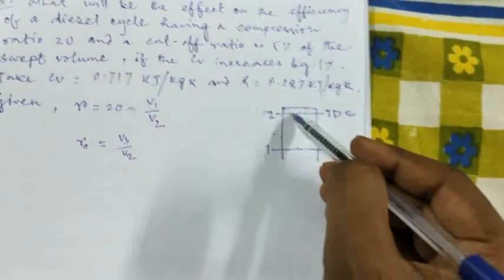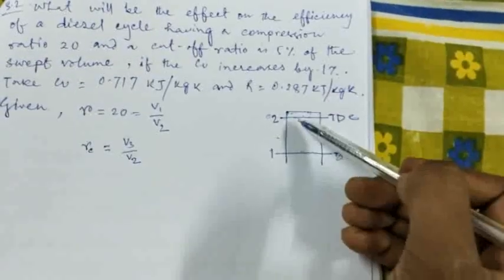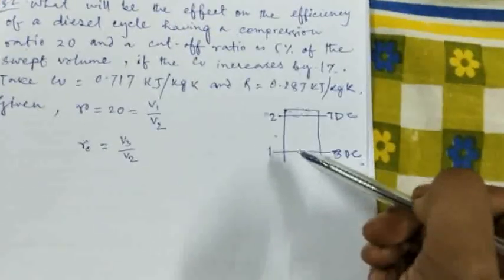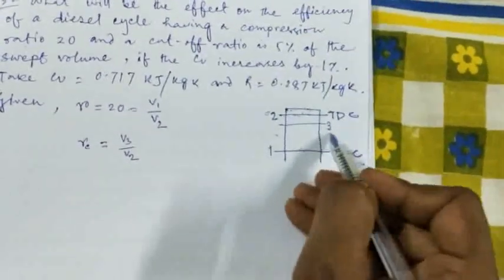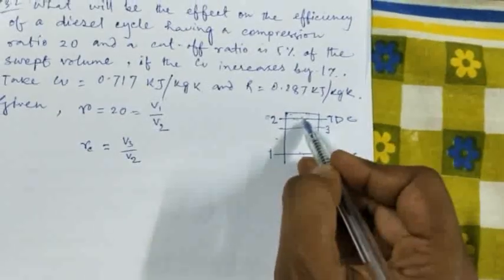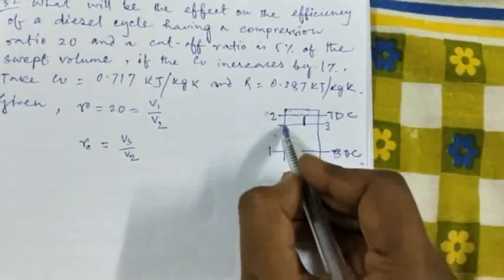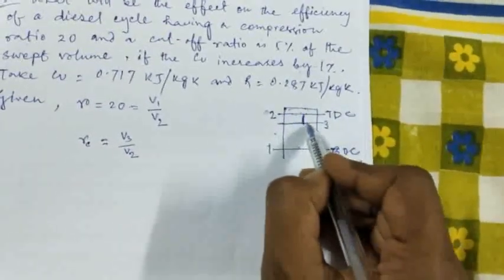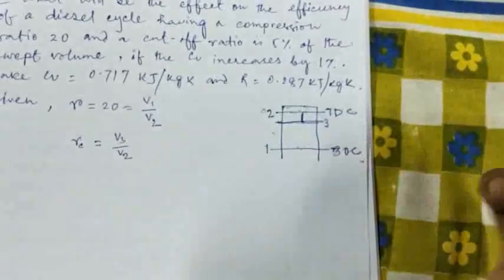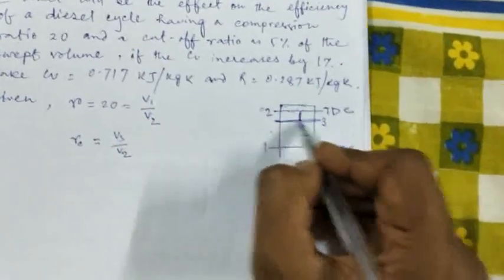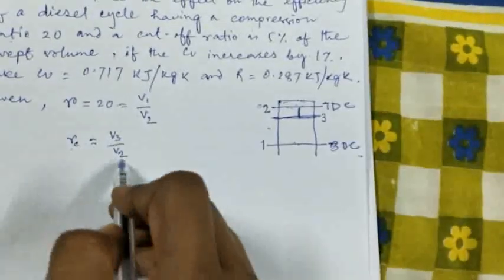So if we start the injection when the piston is at top dead center, the piston will move gradually towards bottom dead center and injection will occur. Suppose up to a certain position, say position 3, this injection occurs. The cutoff ratio is where we stop the fuel supply. So the ratio of volume between position 3 and position 2 is our cutoff ratio. So rc will be equal to V3 by V2.